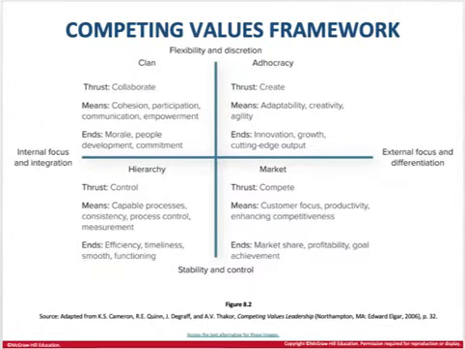So in discussing these 4 types of organizational culture, I will be referring to this framework that you see here and how each of those 4 types vary along the 2 dimensions on the horizontal and vertical dimension, which is external focus and integration and external focus and differentiation.